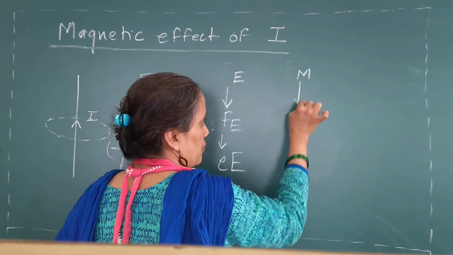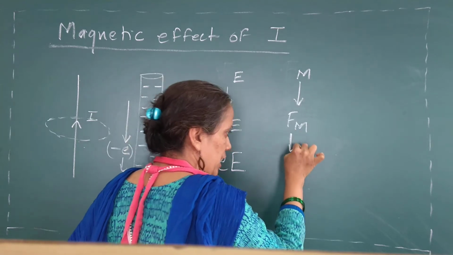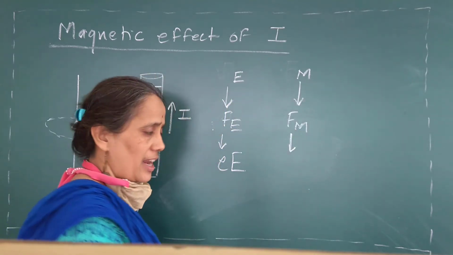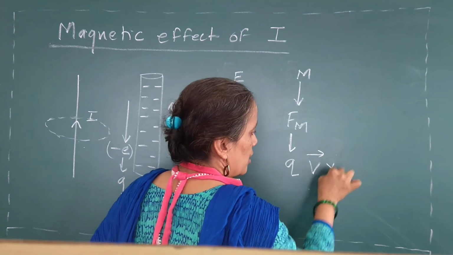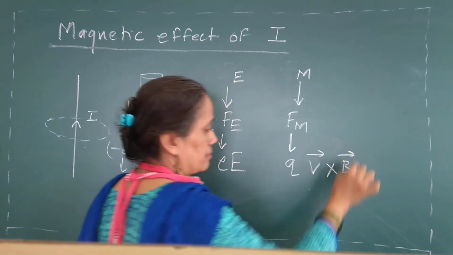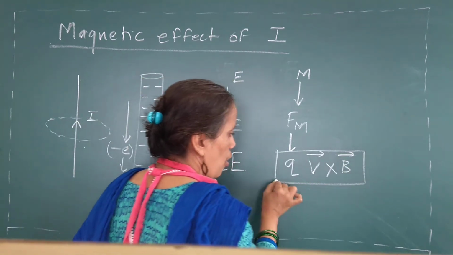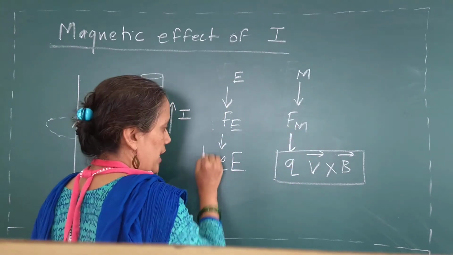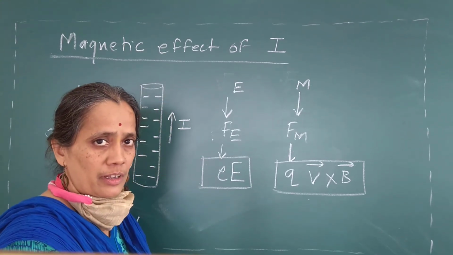And due to the magnetic field, a magnetic force is acting. This magnetic force, which we have seen last year, is Q vector v cross vector B. So this is your magnitude of magnetic force and that is your magnitude of electric force.